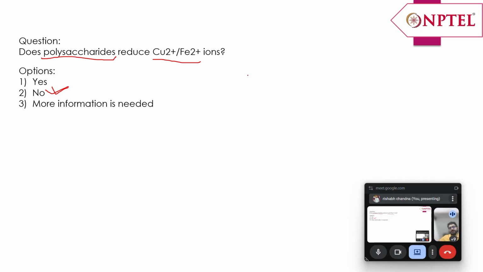What happens is, as a polysaccharide chain is produced, this is the growing chain of the polysaccharide.